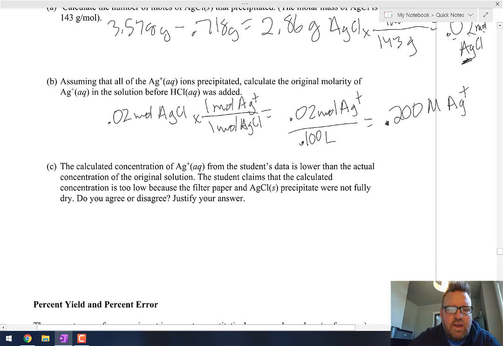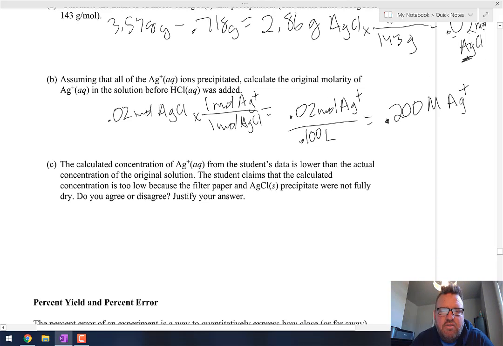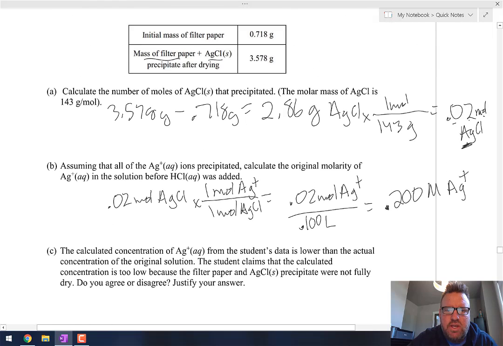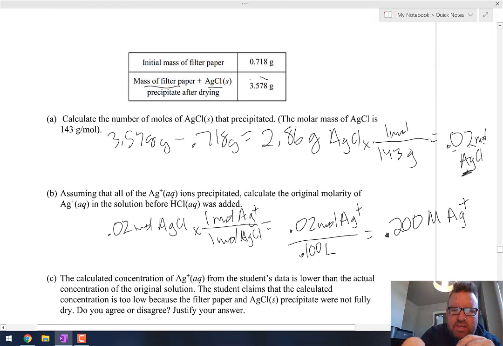The calculated concentration of Ag plus from the student's data is lower than the actual concentration of the solution. The student claims that the calculated concentration is too low because the filter paper and the AgCl precipitate were not fully dry. Do you agree or disagree? So if we go back and look at the data, if it was not fully dry, tell me about this number right there. Would that number be smaller, bigger, or the same?